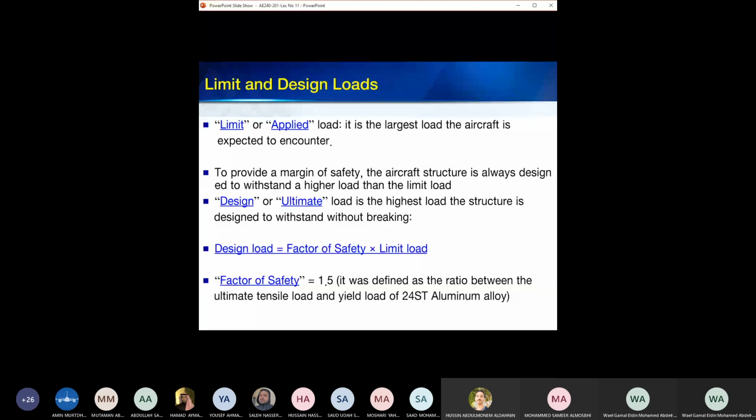We should give him some room, some extra safety. So the way we do this is we take that limit load. Let's say we decided the limit load will correspond to a load factor of 4. We will design the aircraft for a load factor of 4. So that means the lift will be 4 times the weight.